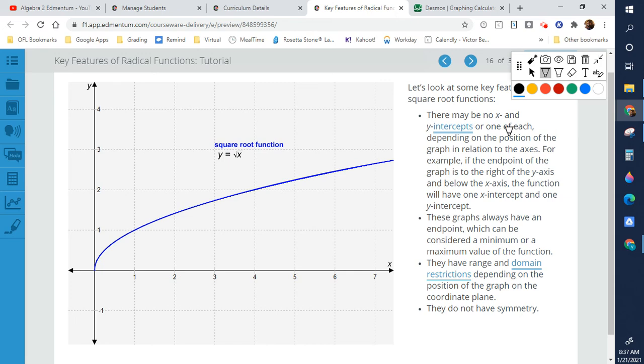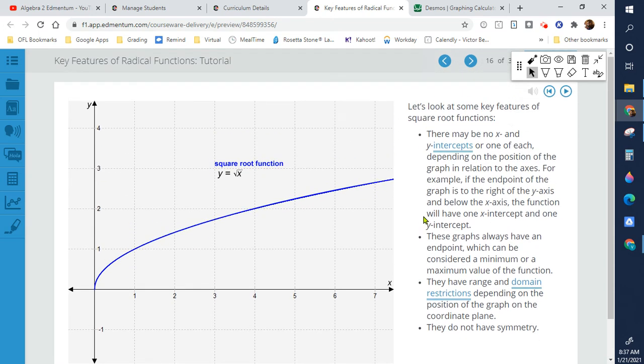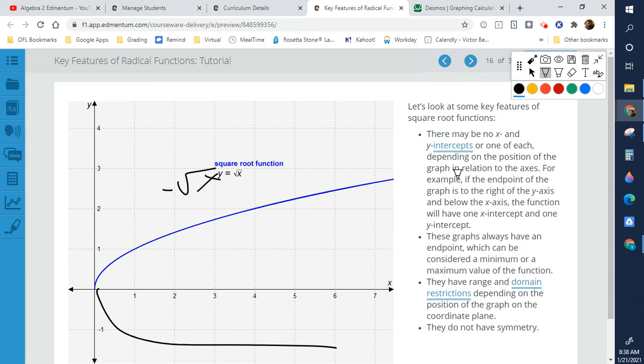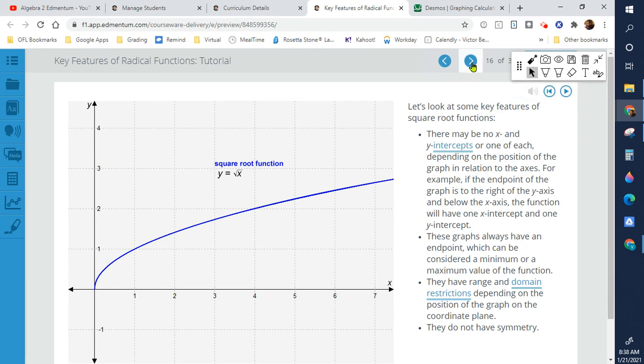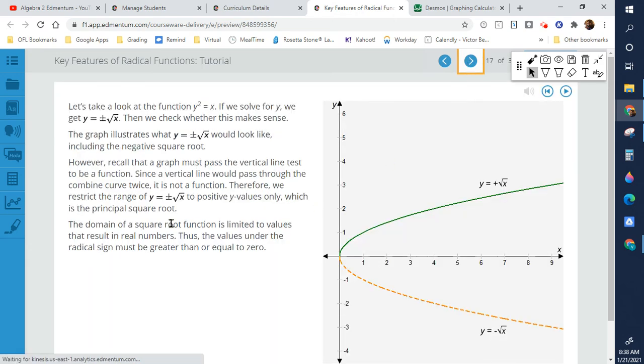So you usually have one at 0, but it says you might not have any intercepts at all. And the end behavior, it's either going to go to infinity, or let's say we accidentally make it go upside down by making it a negative square root of x. Then it would go there. So it usually only has one end behavior.